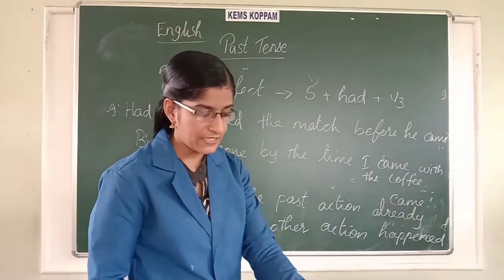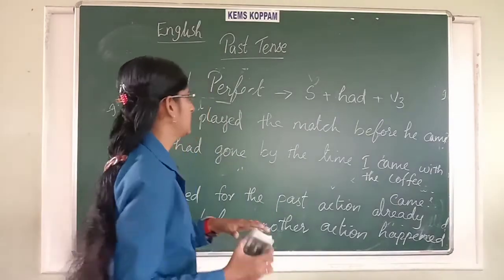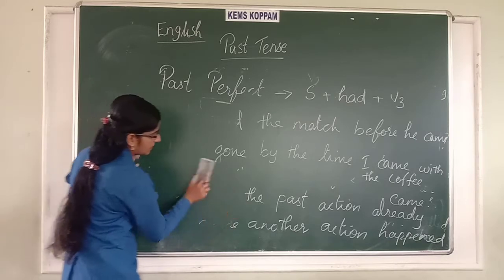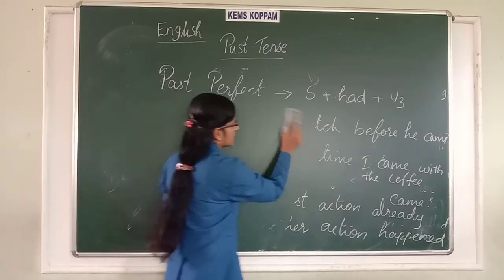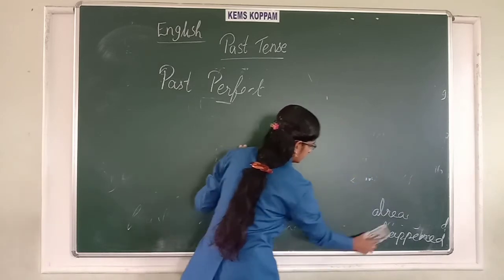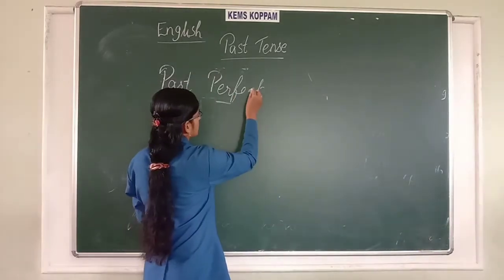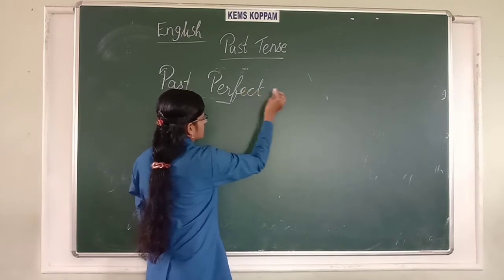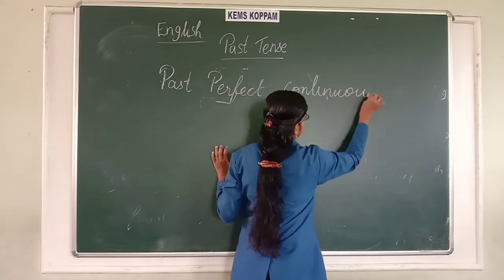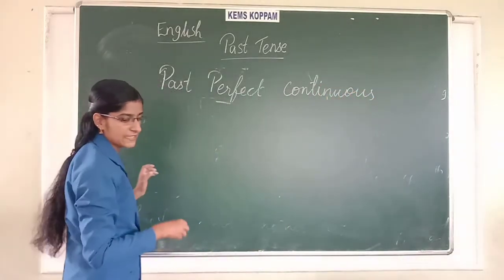And the next one is past perfect continuous. So the next division in past tense is past perfect continuous. Look at the sentence.